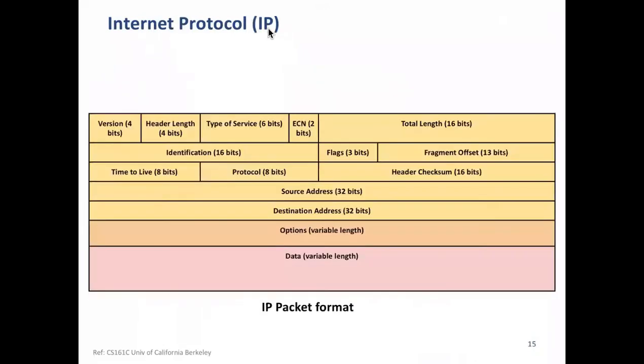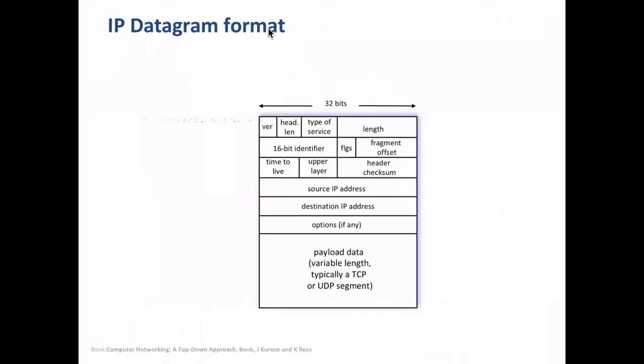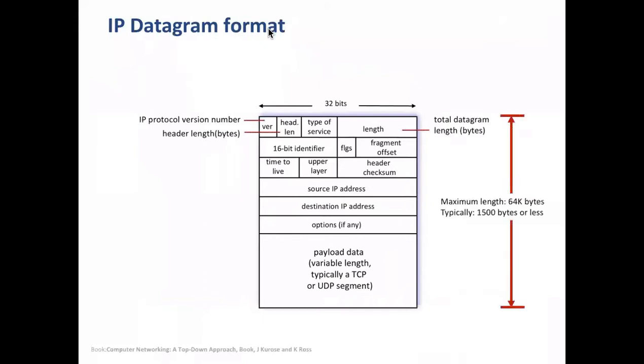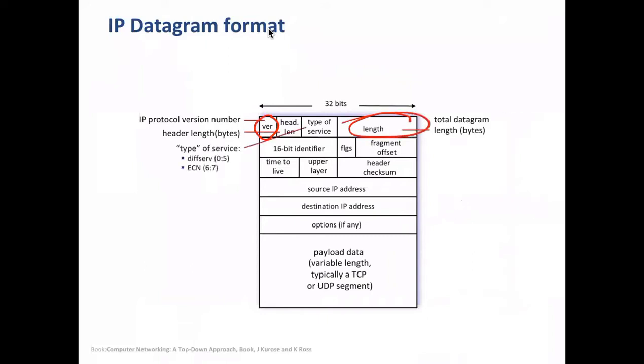So this IP packet you would have seen several times, and the fields are as follows. IP version number, IPv4 or IPv6, the total length of the datagram, type of service, like whether it's DiffServ, ECN, etc. ECN stands for explicit congestion notification.